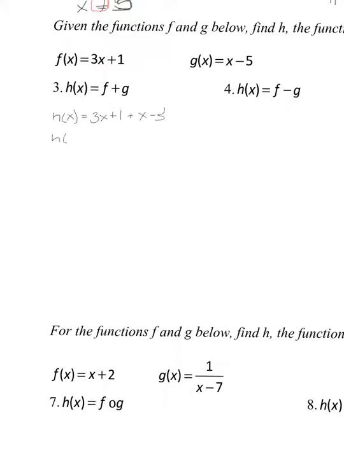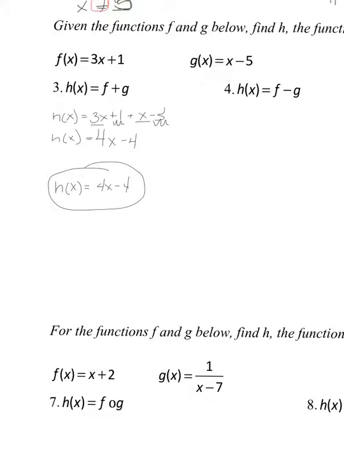So h of x equals, combine like terms, 3x and x, that's 4x. And then I've got the 1 and the negative 5, so it's minus 4. So h of x equals 4x minus 4 in this situation, because we just added them together.